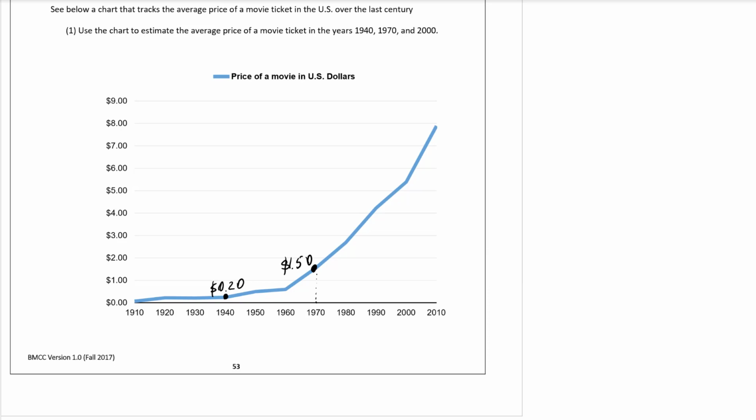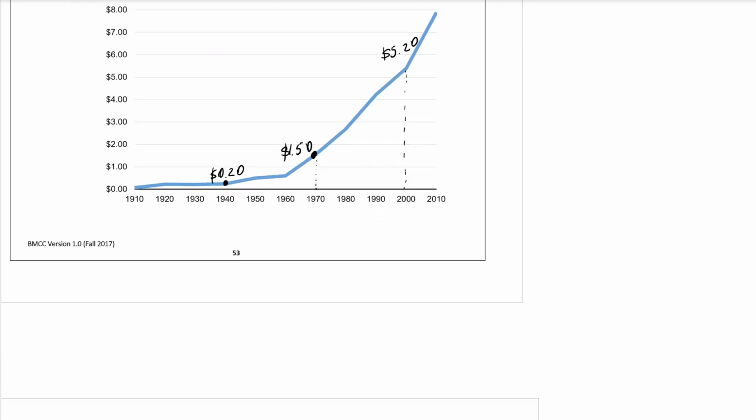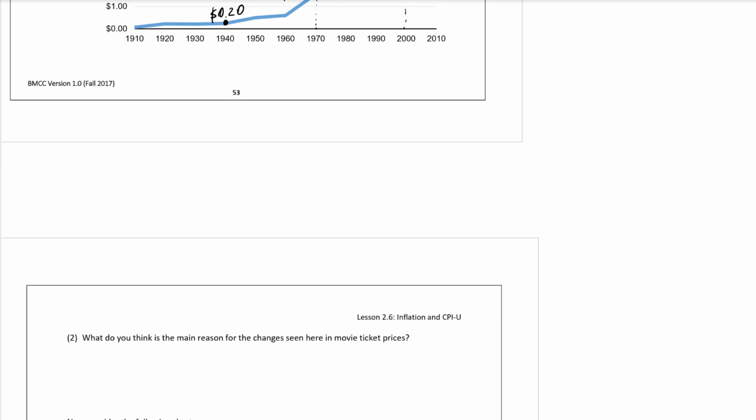And in the year 2000, the movie ticket was about $5 and 20 cents. Again, these are all estimates. As you can see, the prices have been going up, but is that a full picture? Well, we'll take a look in this lesson.